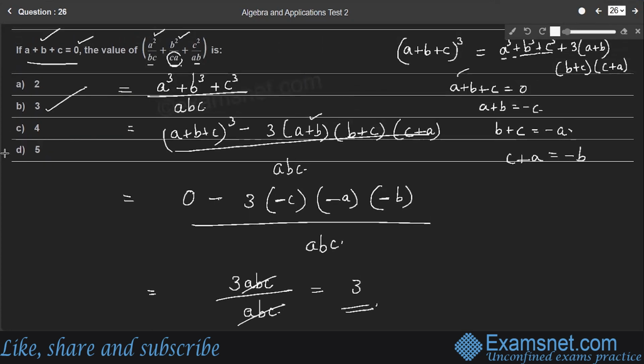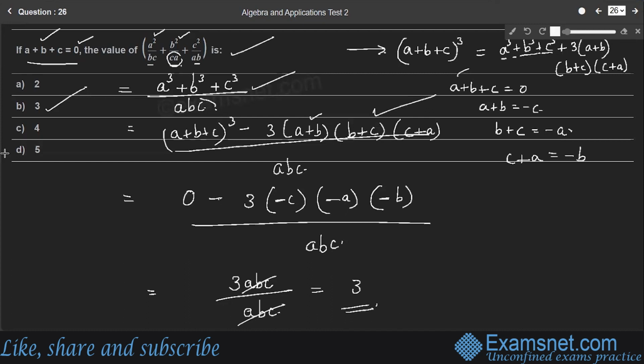So here students, in this given question, we have taken abc as the LCM and the numerator becomes a cube plus b cube plus c cube. We are using the formula of (a plus b plus c) the whole cube, in which a cube plus b cube plus c cube can be written as (a plus b plus c) the whole cube minus 3 times (a plus b) into (b plus c) into (c plus a).